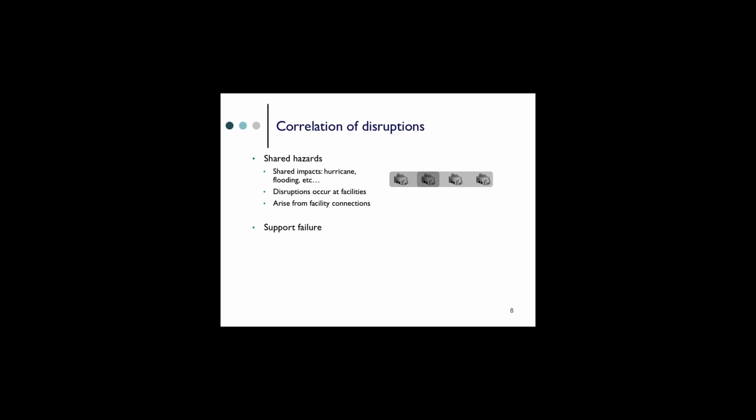The second pattern we call the support failure pattern. In this pattern, facilities themselves are still working, but they require some external support. Take this for example. We have an area which is partitioned by 3 rivers into several subregions.